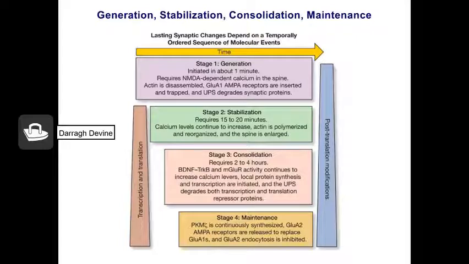In the summary of chapters 1 to 7 that's offered in chapter 8 of your textbook, there's a diagram with a proposal for 4 stages of LTP, which I've copied onto this slide. Now, I've been referring to these 4 stages loosely as induction or short-term LTP, the early phase of late LTP, the later phase of late LTP, and maintenance of LTP.